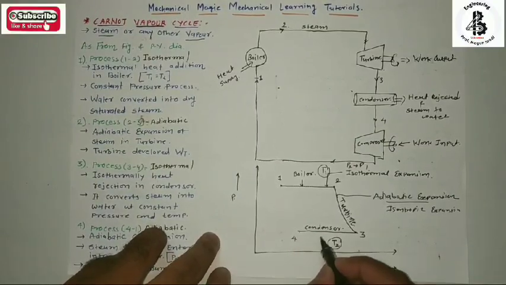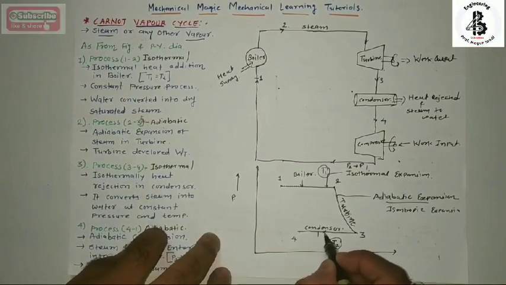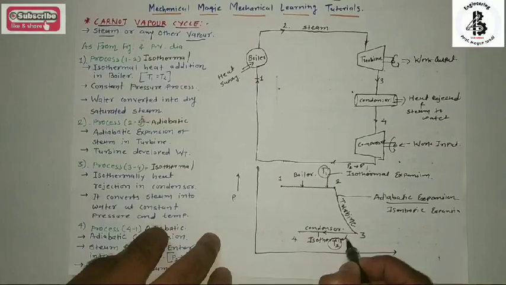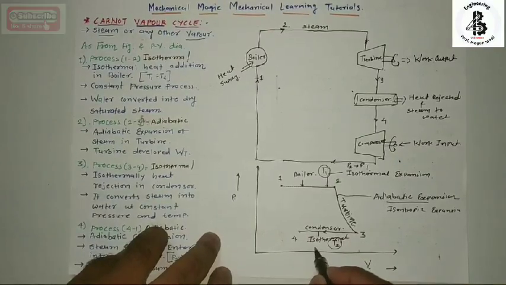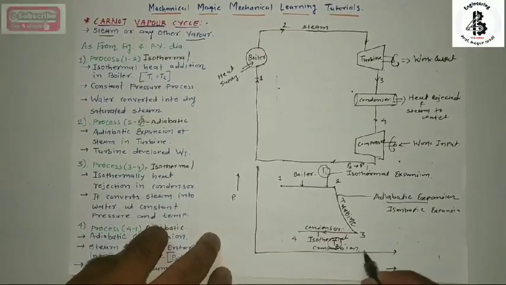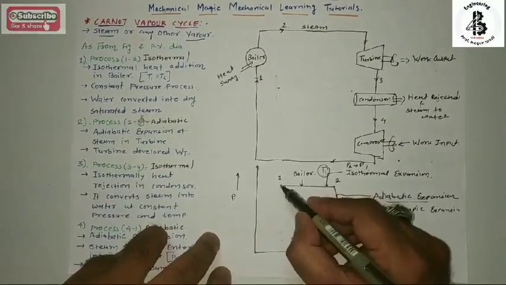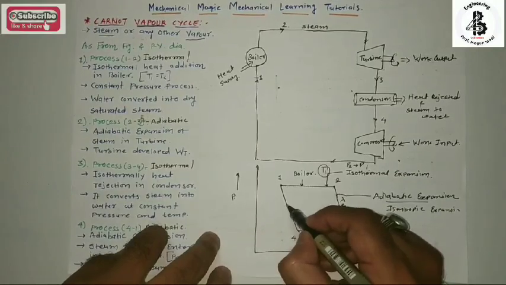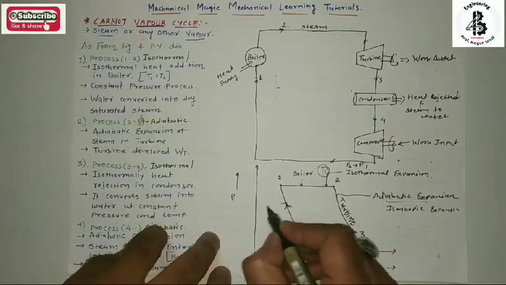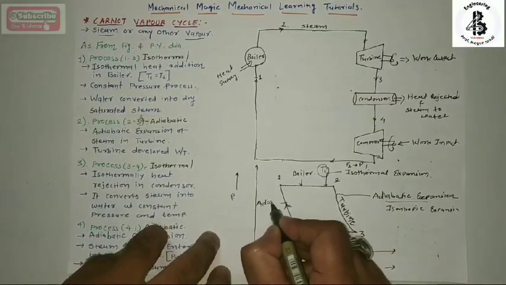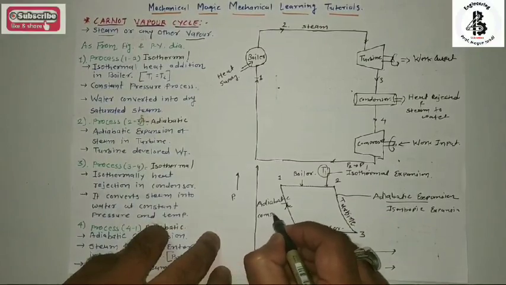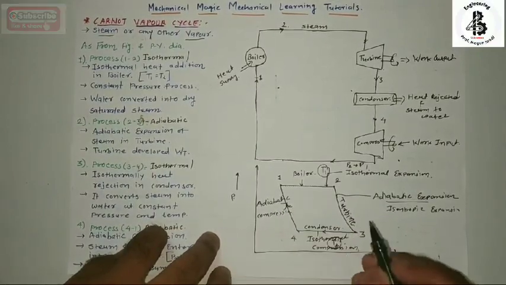Once again, the isothermal compression process, and once again 4 to 1, that will be the adiabatic compression process.